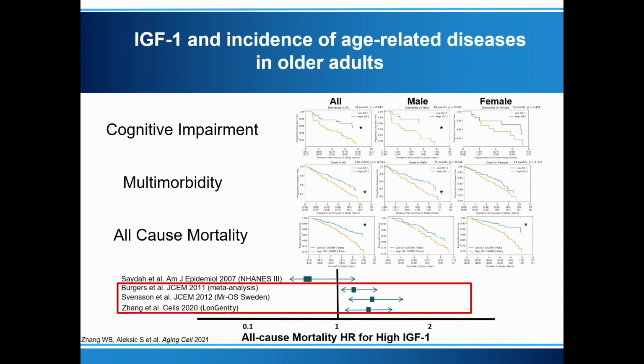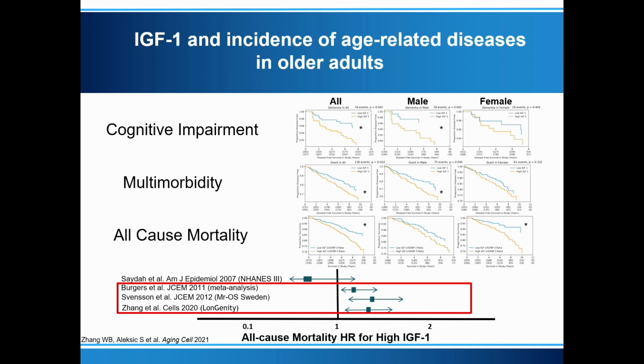Okay, so that was 90 and plus, right? But you have to get to 90. How do you get to 90? So we looked at people who were middle-aged, 65 and older, and found the exact same thing. So here the orange line represents those with high growth hormone, and the blue lines are those with low growth hormone. And what we found across the board for everyone, men and women independently, was that lower levels were associated with better cognition.